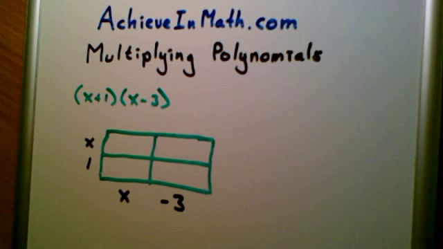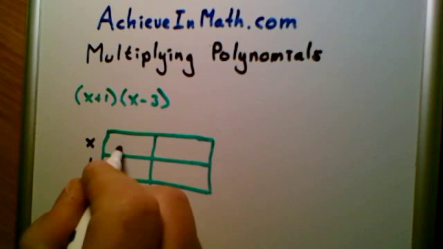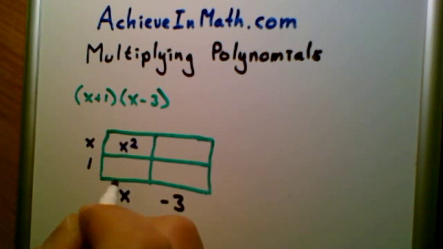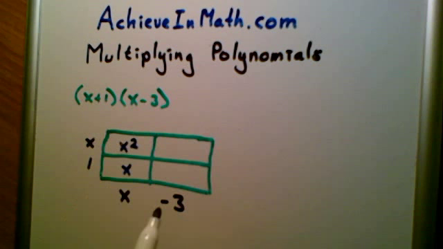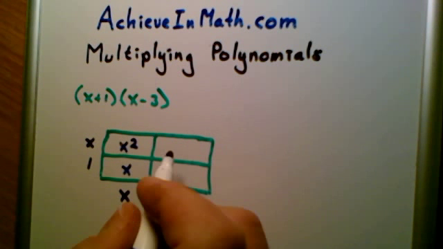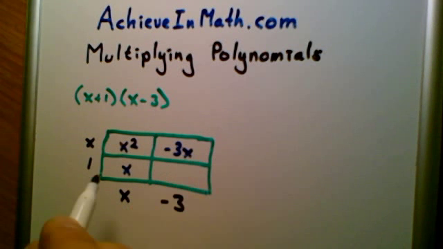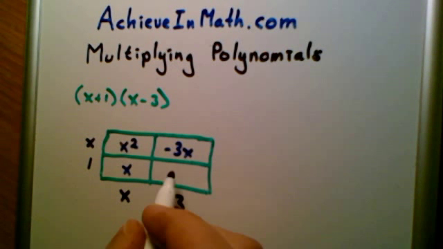So what we have is, first of all, x times x, which is x squared, x times 1, which is 1x, or just x, x times negative 3, which is negative 3x, and 1 times negative 3, which is negative 3.